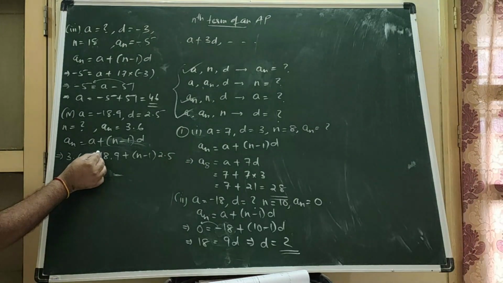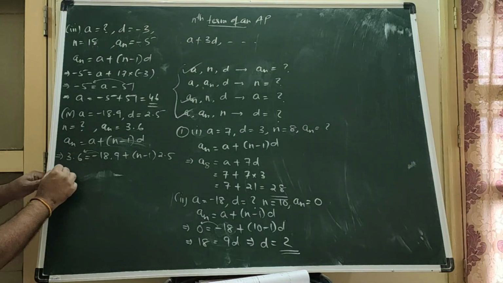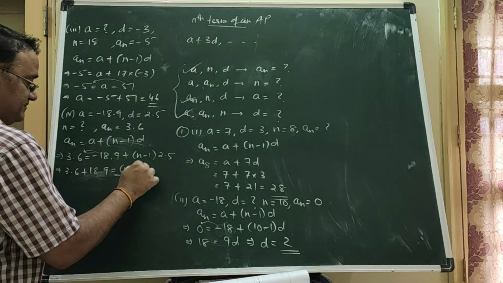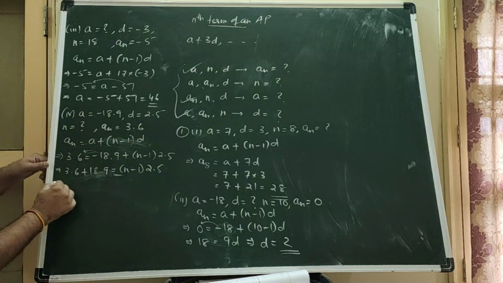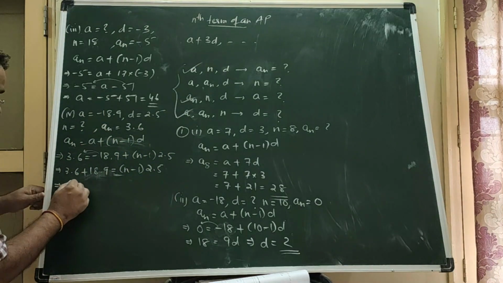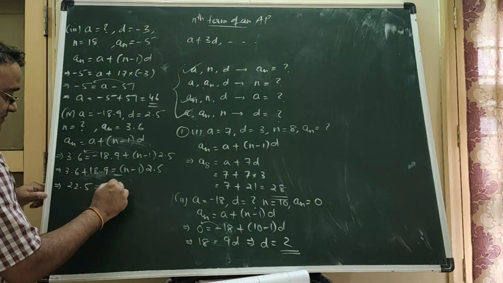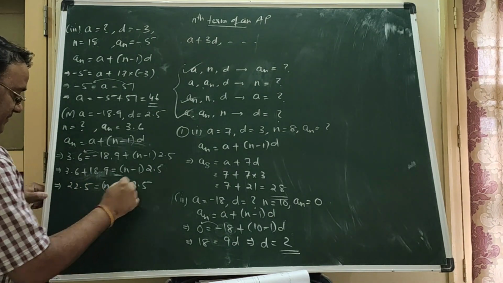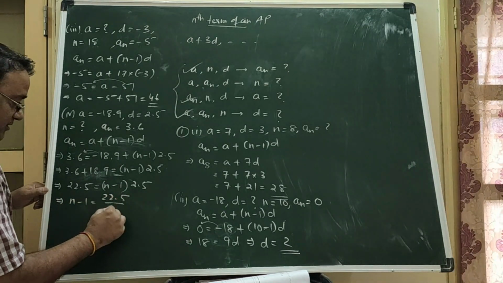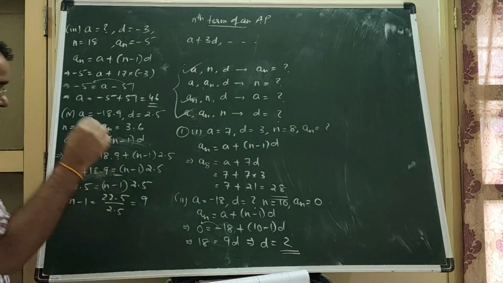So we'll shift minus 18.9 to this side. So plus हो जाएगा, right? So 3.6 plus 18.9, it will become 22.5. So n minus 1 is equals to 22.5 upon 2.5. This is equals to 9.